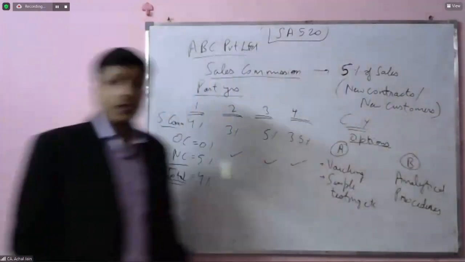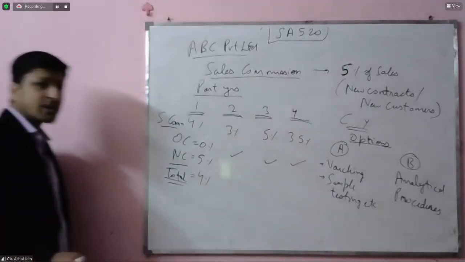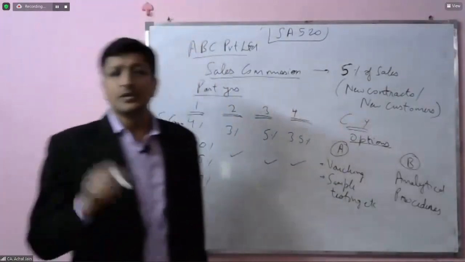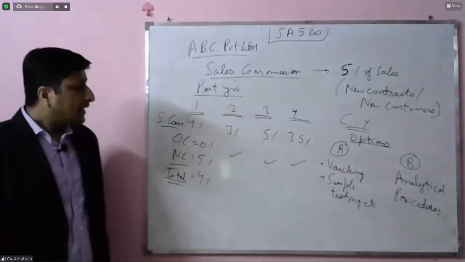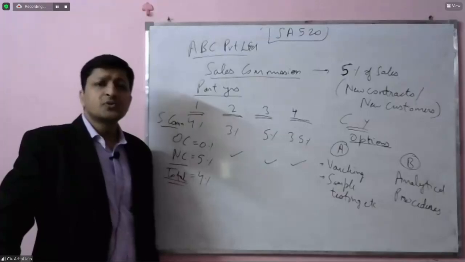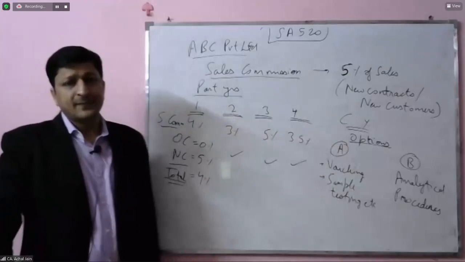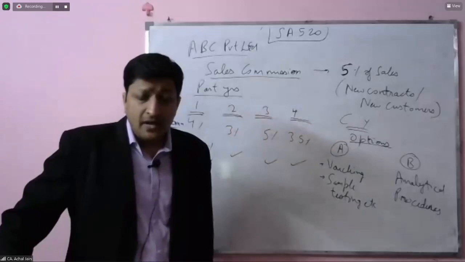And we will now try to understand which out of these two procedures will be considered to be more appropriate and why, and what are those situations under which these procedures will be considered to be more appropriate. Let's suppose the auditor chooses to perform procedures as per option number A. Will he be able to test the entire population?